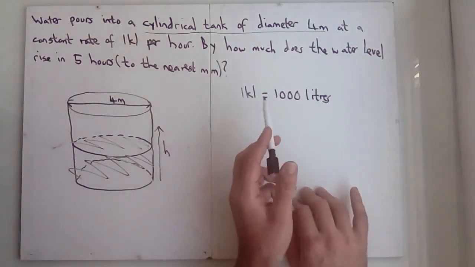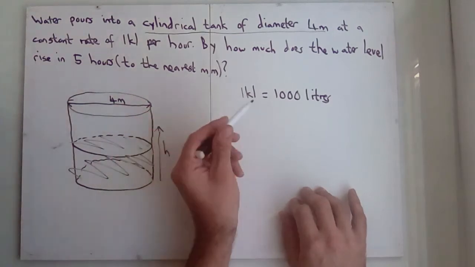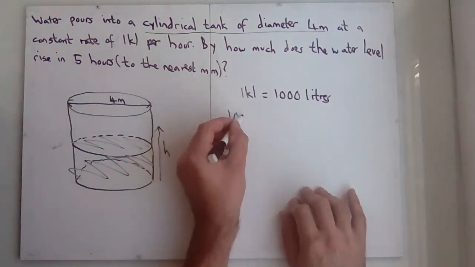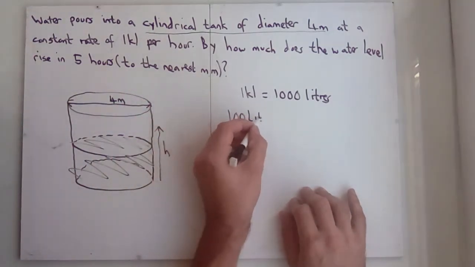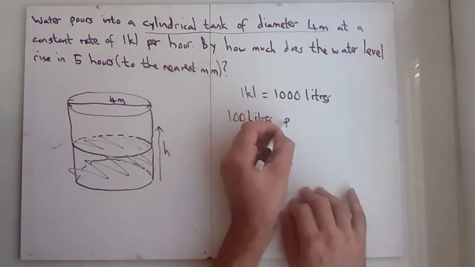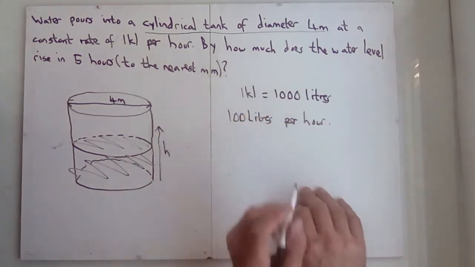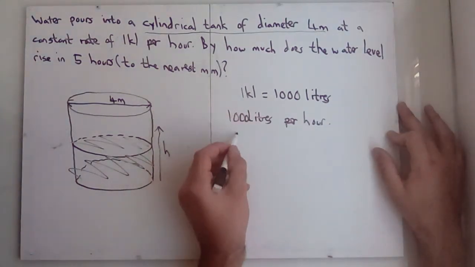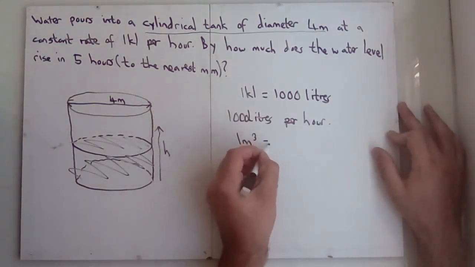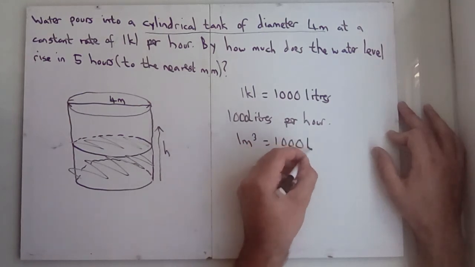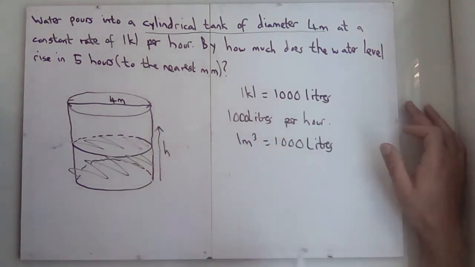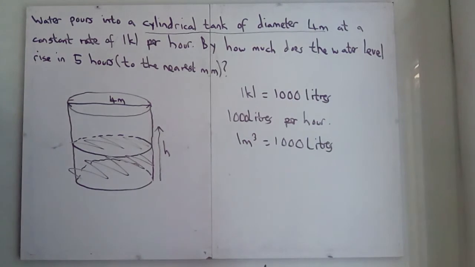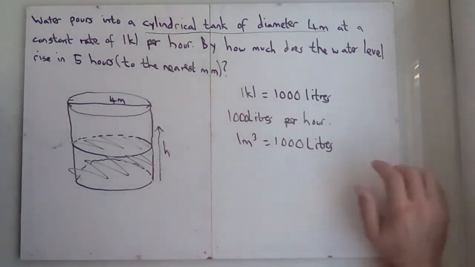So this must mean that we've got 1,000 liters per hour, but you should also know that 1 meter cubed is 1,000 liters. So this means that we've got 1 cubic meter per hour.